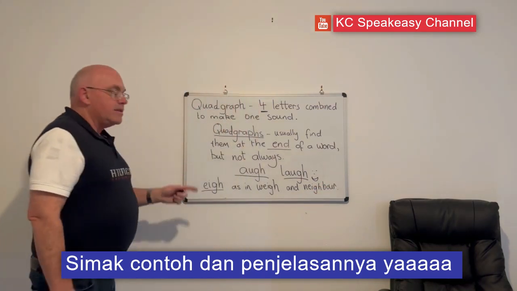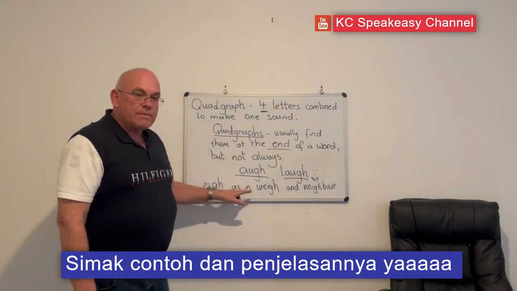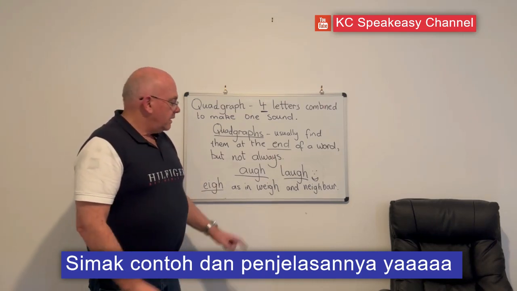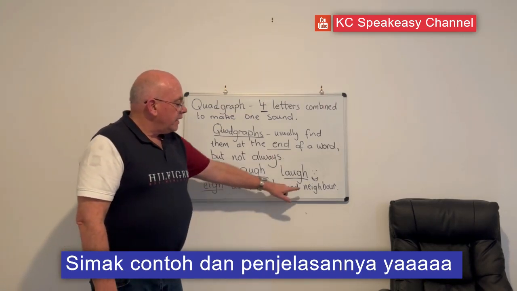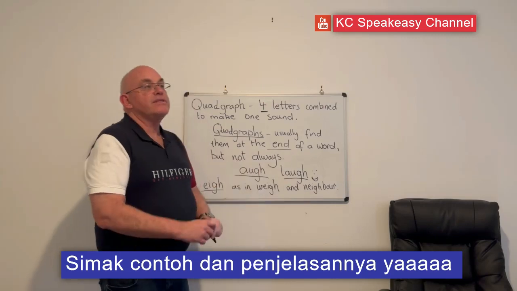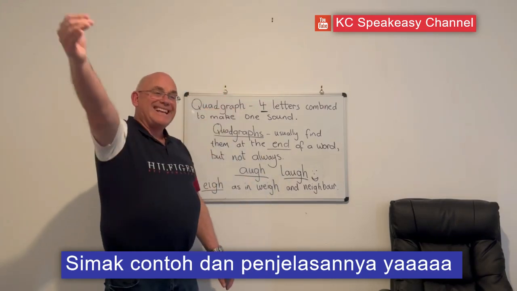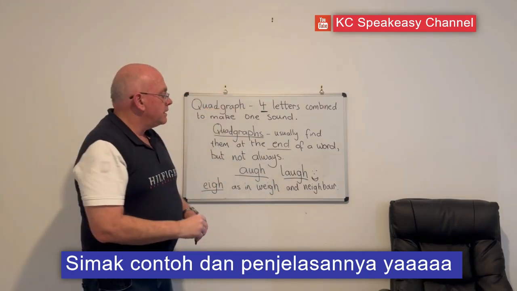If you weigh something, you see how heavy it is. If you want to weigh something. And this is your neighbour, the person that lives next door, in the next house, or the next apartment.